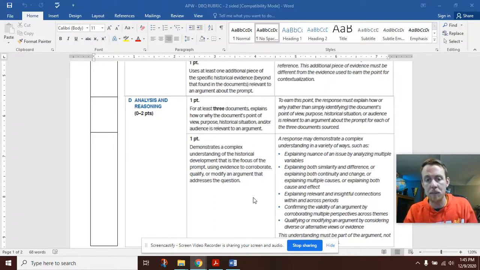Basically, what happens in the complexity category is you're actually modifying the point of the essay to add yet another element to be analyzed. So not only are you going to be looking at to what extent did the Portuguese influence trade, but you also want to look at similarities and differences between that and the Dutch, or the way the Spanish treated the Native Americans. Or you could look at continuity and change over time.